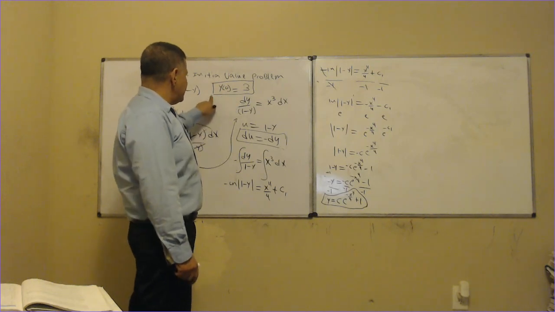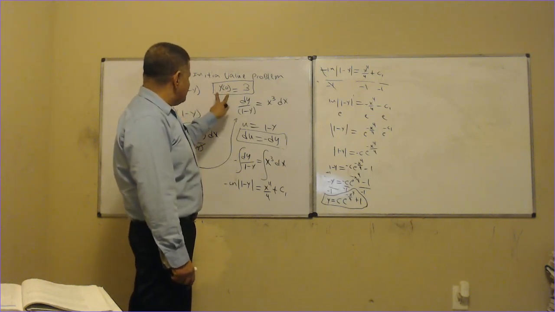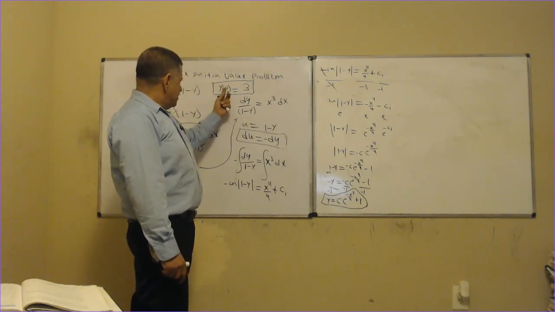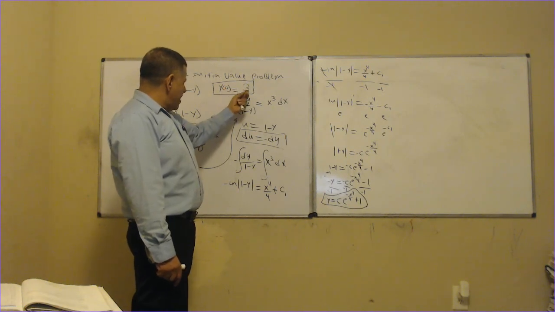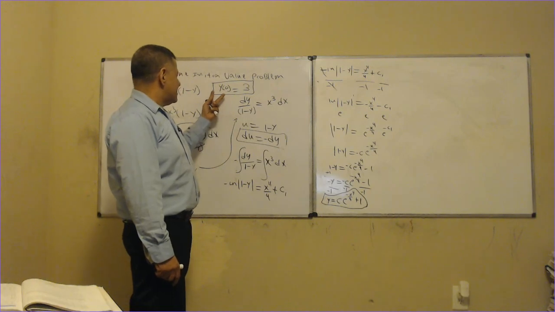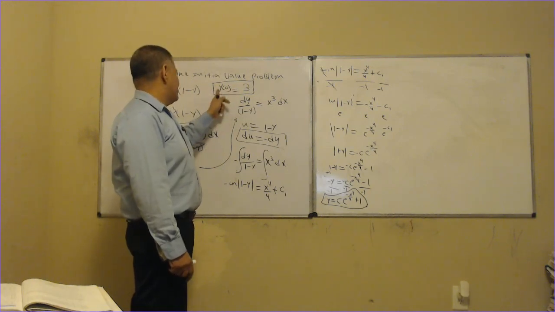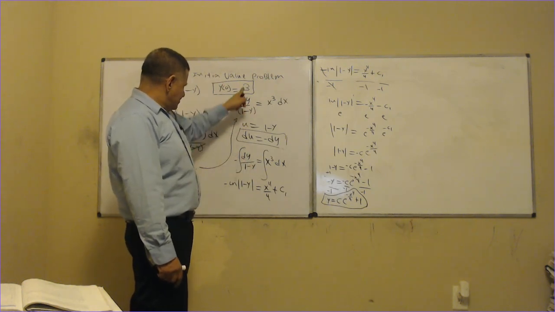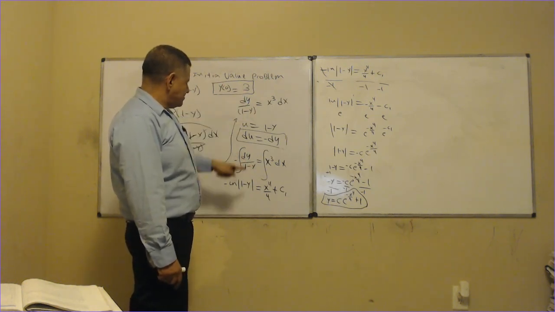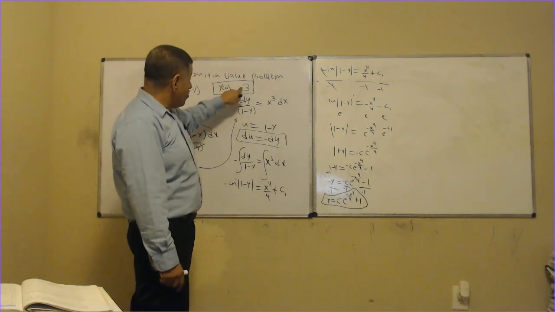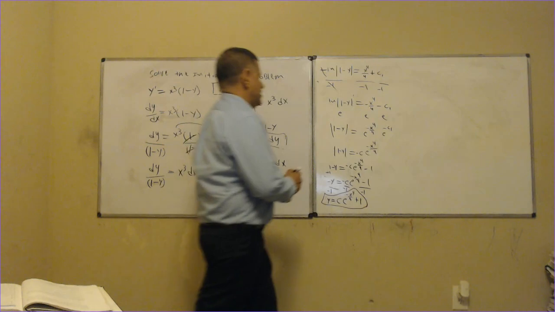It's telling me that y evaluated at a certain number, which is 0, is equal to 3, which means that x equals 0 and y equals 3. Okay, let's do it.